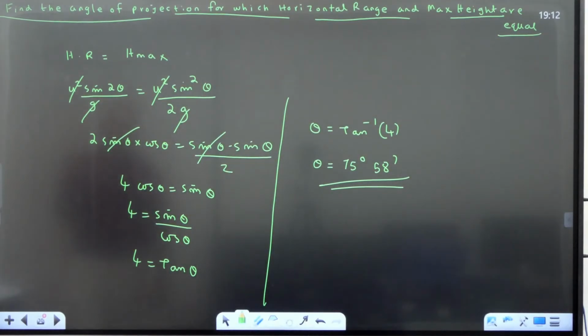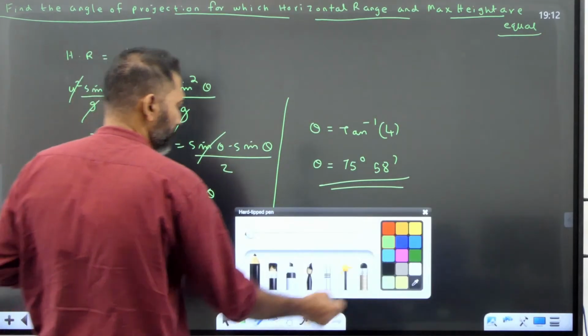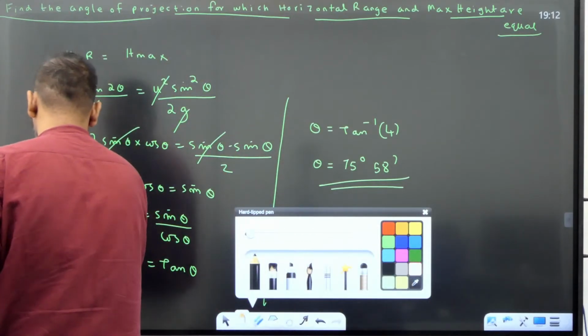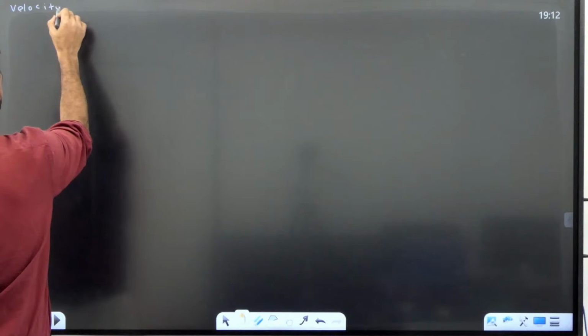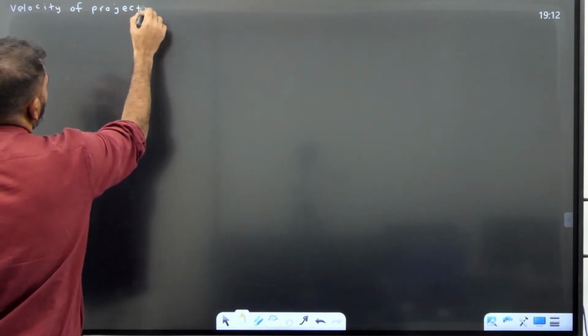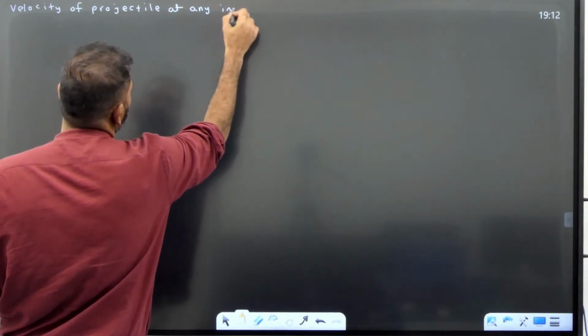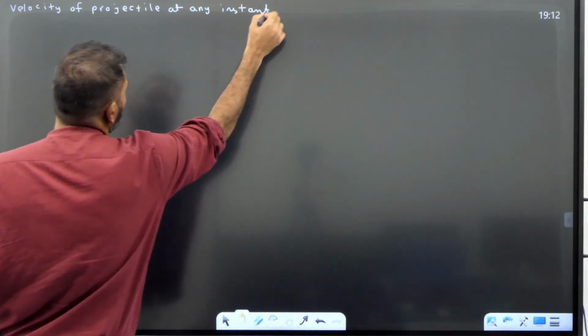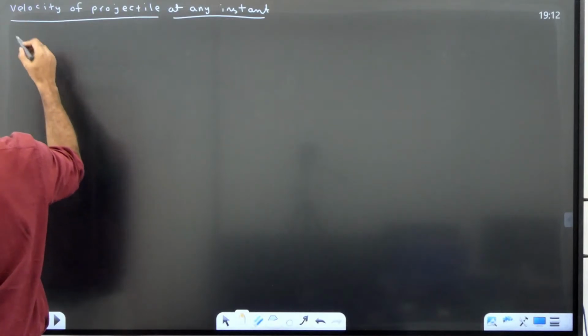Next, velocity of projectile at any instant. That is our next point.